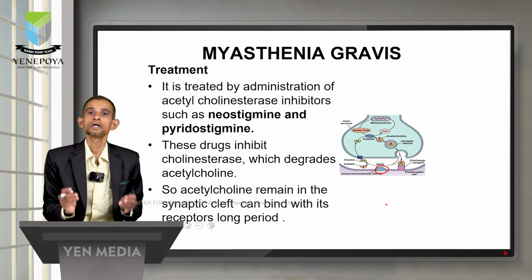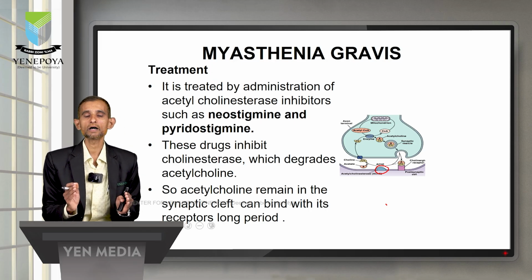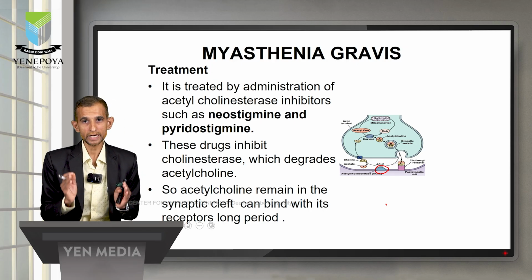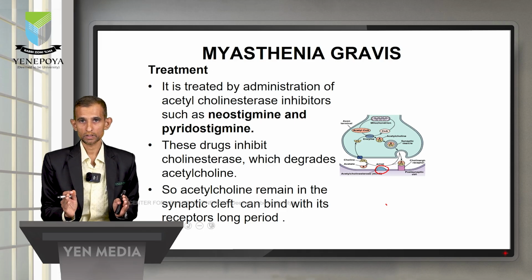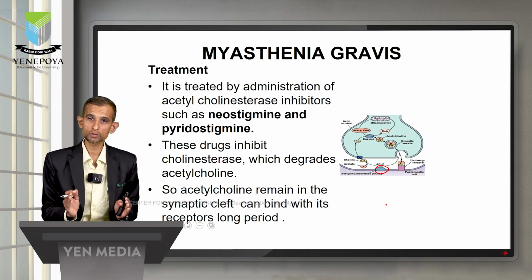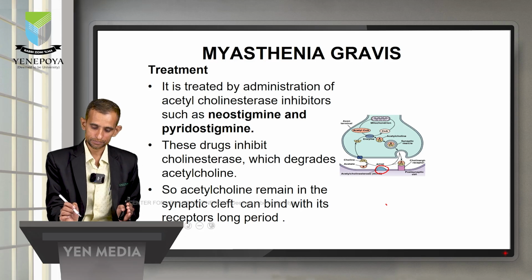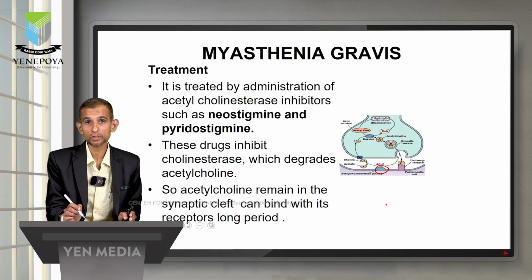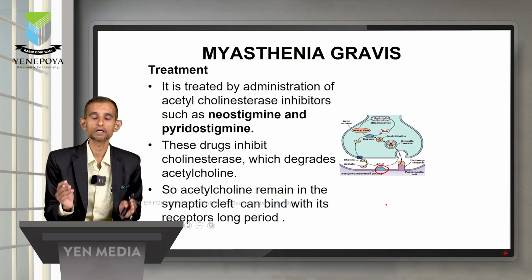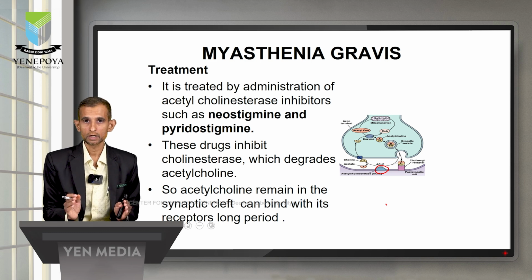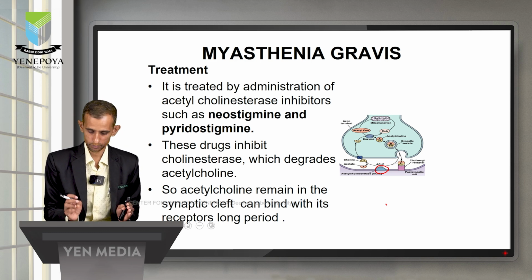The autoantibody IgG will either destroy the acetylcholine receptors, or block the acetylcholine receptors.